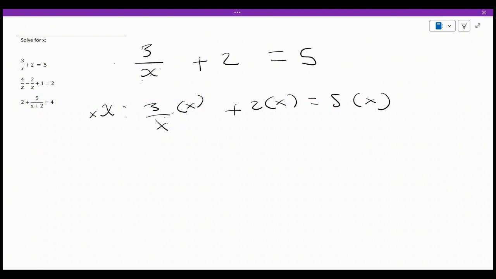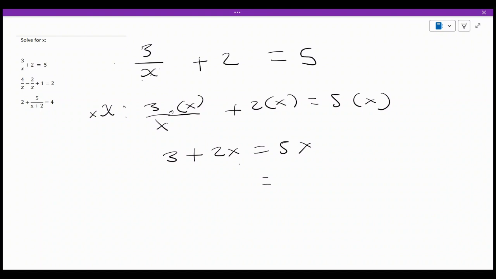Okay, so now this 3 is multiplying with x, so we can just cancel these x's, and then we're going to be left with 3 plus 2 times x, that's just 2x, which is equal to 5x. And now we're going to try and move the variables to one side and the constants to one side.